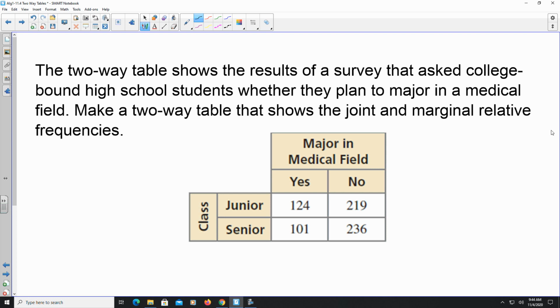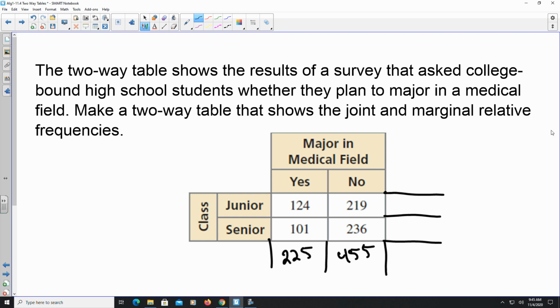So actually, I'm going to extend this and look at the marginal frequency, so I can get some totals here. If I added 124 plus 101, I get 225. 219 plus 236, I would get 455.